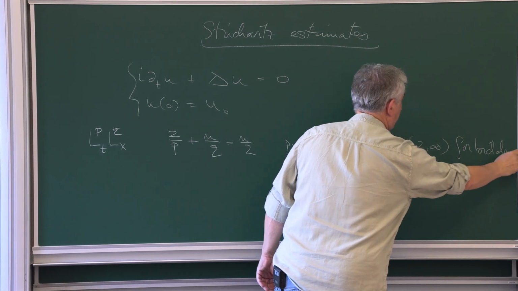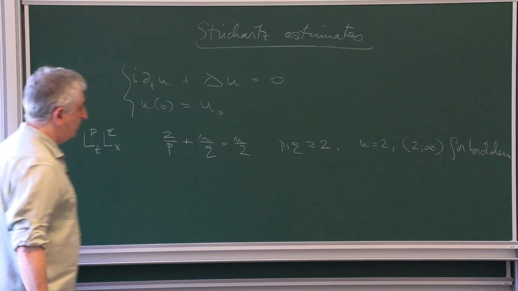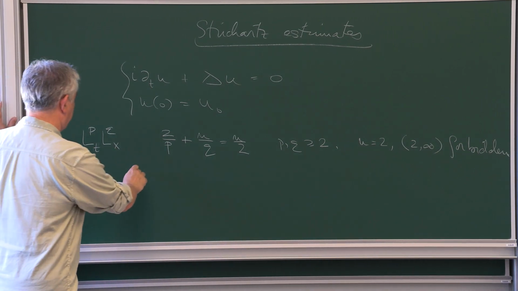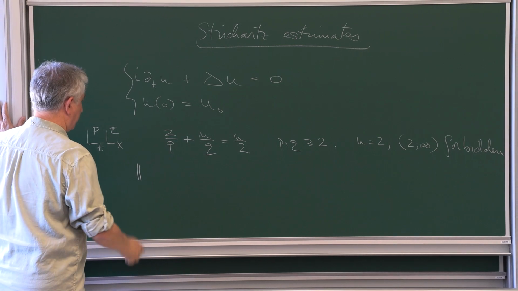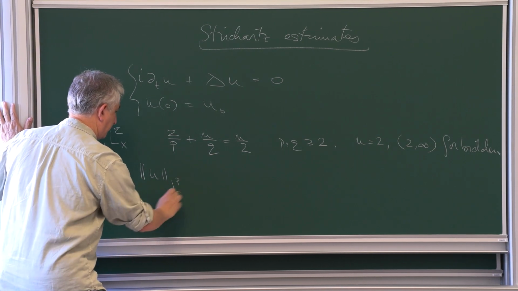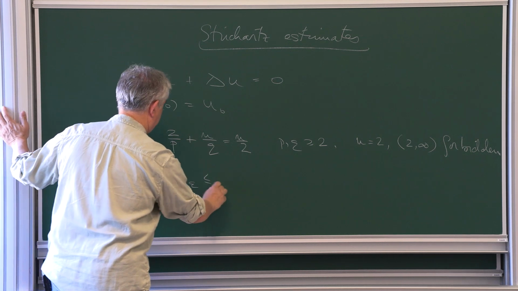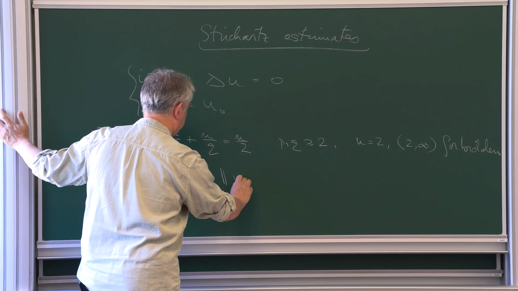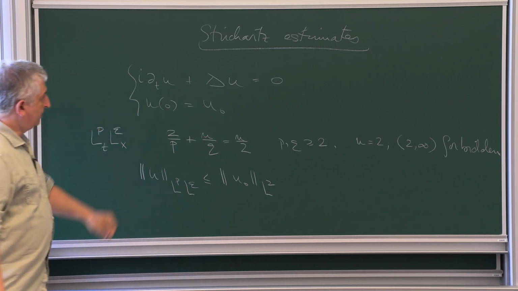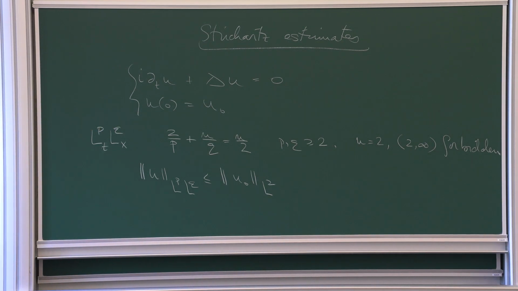This is the one endpoint of these inequalities where the estimate doesn't hold. The estimate that I'm talking about in the simplest form looks like the norm of the solution u in L^p L^q is smaller than the norm of the initial data in L2. So this is the simplest formulation.